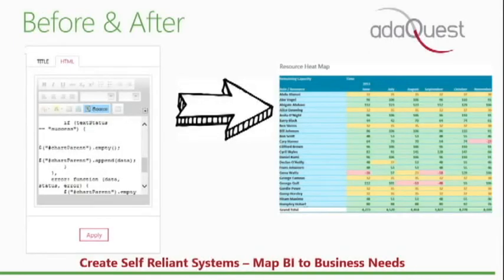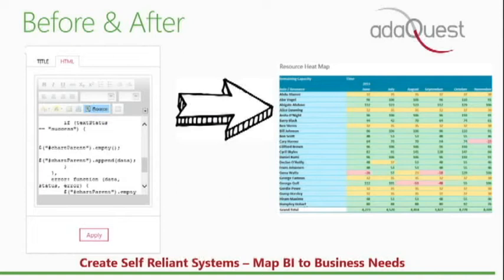Something that you'd really use on your portfolio dashboard is a heat map. So again, a heat map doesn't come out of the box with EPM Pulse. So you can take the HTML widget, implement some HTML code and JavaScript, and create a resource heat map showing where the constraints are in your resources on all of your projects.